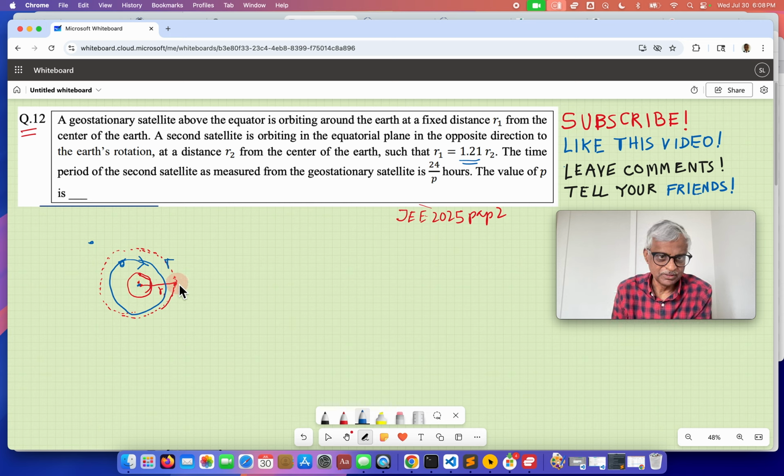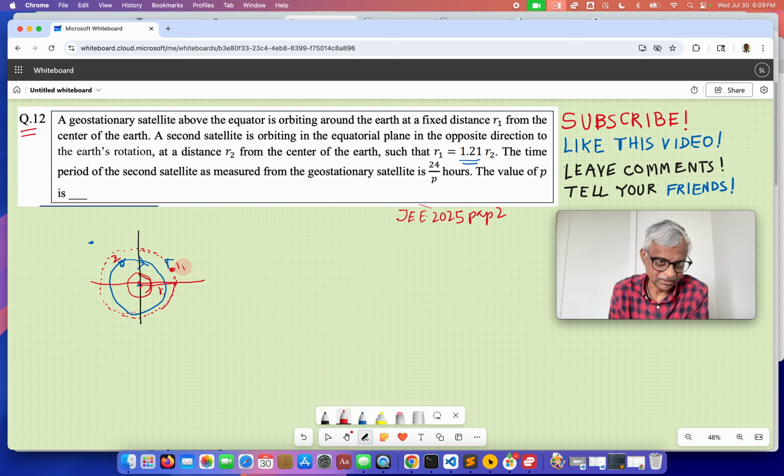So you can see there's a whole bunch of different frames here, right? You have a frame, let's see, put one here, put two here. So there is this frame which is fixed.